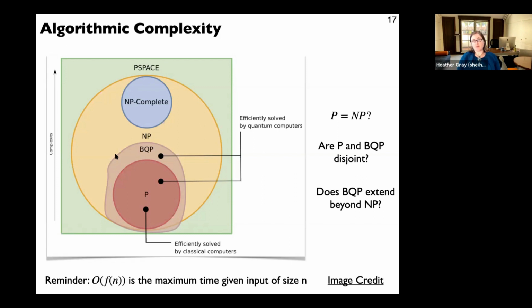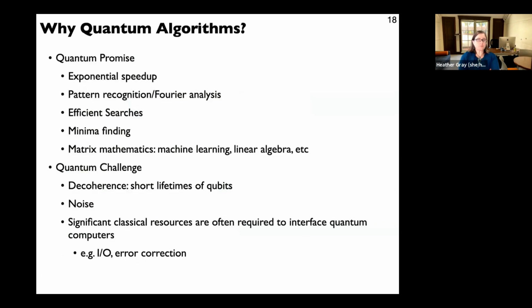Are there other problems that we can solve? But perhaps more interestingly, people wonder, does BQP actually extend beyond NP? Are we really expanding this area in which we might be able to solve problems? These are questions that people are researching in complexity theory and really trying to solve.